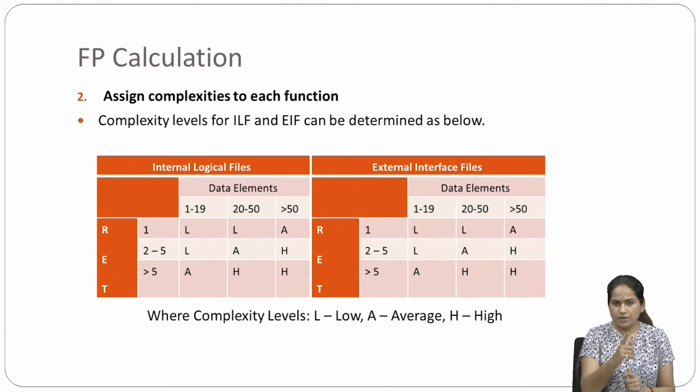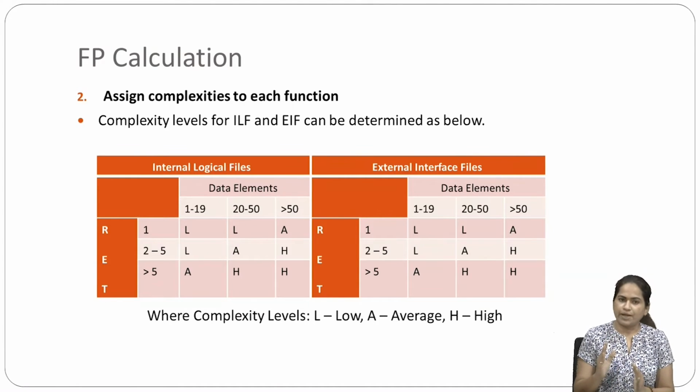Now suppose your RET is 1 and the data elements you have are 20 to 50, then it will have low complexity. If RET is 1 and your data elements are greater than 50, then it will have average complexity. Moving forward, suppose your RET is 2 to 5 and data elements are 1 to 19, then complexity will be low.